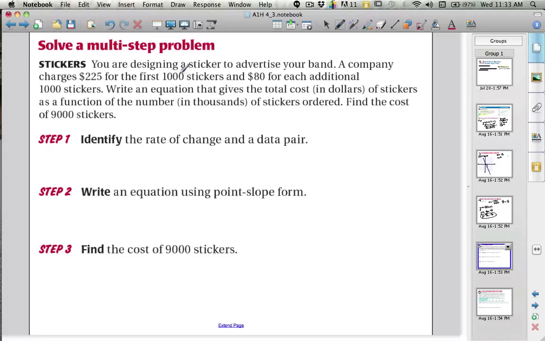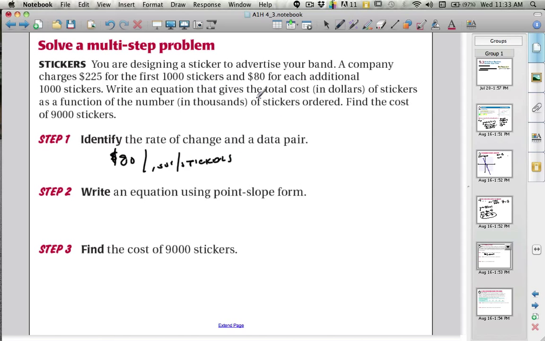$225 for the first 1,000 stickers, $80 for each additional 1,000 stickers. So if I look at the rate of change, it's $80 per 1,000 stickers. Right, $80 for each 1,000 stickers.